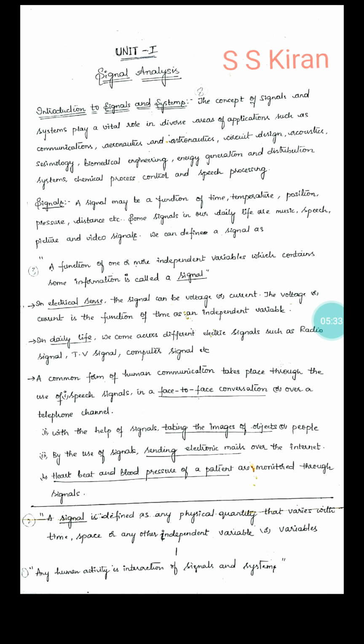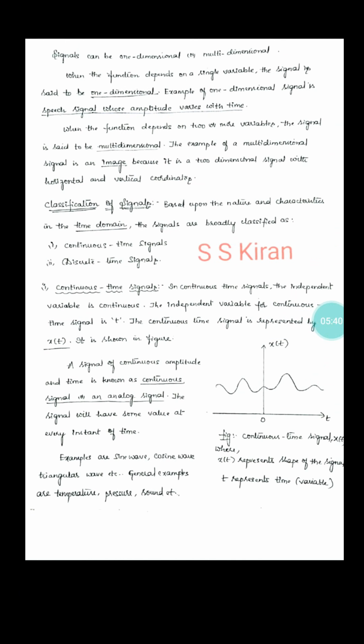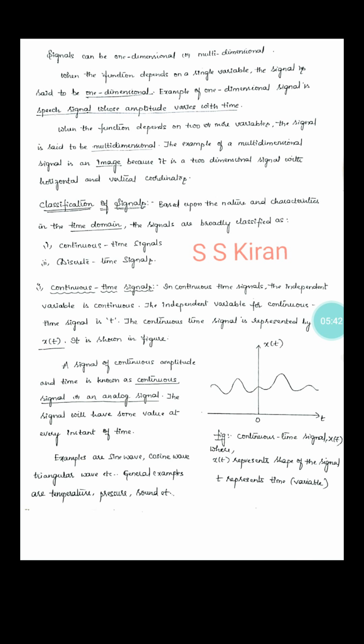I mean, any human activity we observe uses signals and systems. Next, signals can be one-dimensional or multi-dimensional. When the function depends on a single variable, it can be simply treated as one-dimensional. A function having two or more variables is called multi-dimensional.